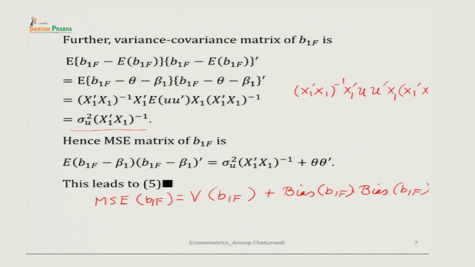So, we obtain the MSE matrix as sigma square u x 1 transpose x 1 inverse plus theta theta transpose. Now, this gives you equation 5, the expression for the MSE matrix of B 1 f.